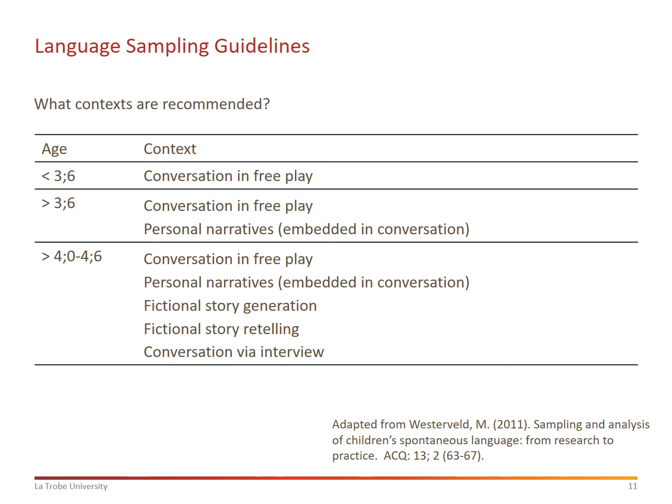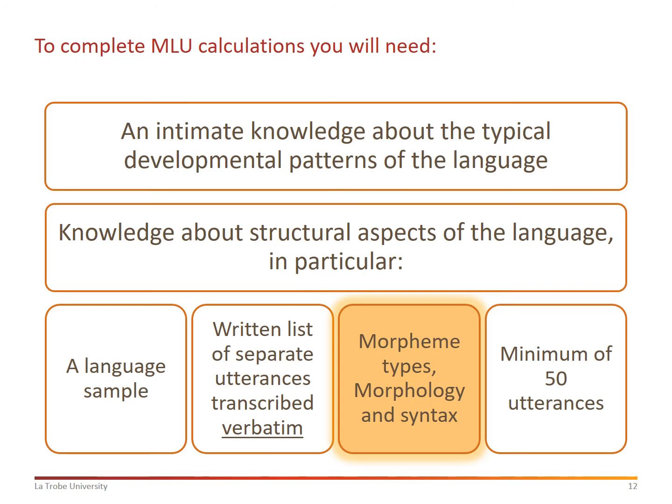Beyond 4, play is always going to be useful, and personal narratives, but we can also start extending the types of sampling we might elicit, like story generation, story retelling, and conversation, even via an interview, such as, pretend I am your mum. What would you like to ask me? Once again, creativity and taking the child's particular characteristics into account will help you as well.